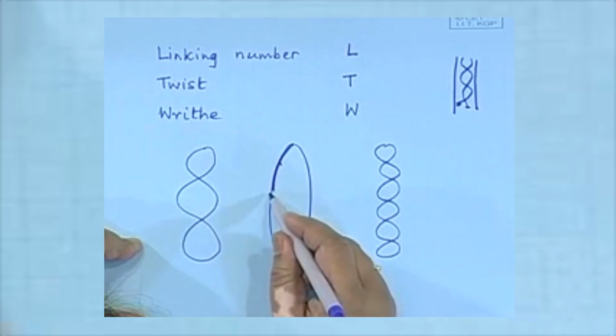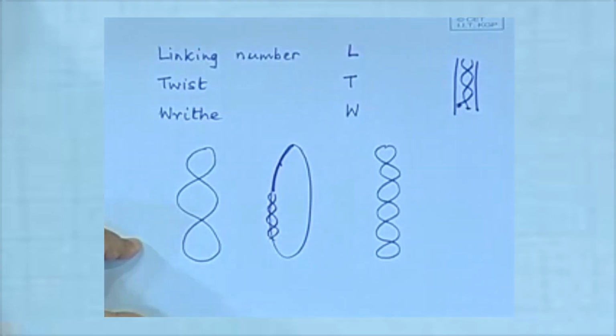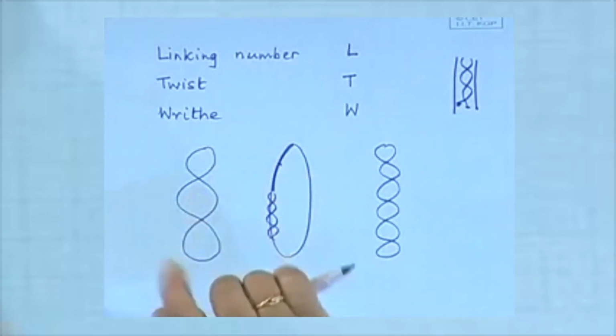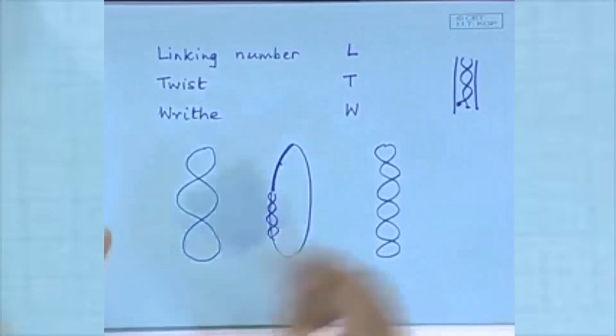So this is actually something like that, right, which you have joined together to form this circular DNA that has then further twisted itself. This is like a wringing motion that you have when you're squeezing your clothes or something. So you would have a link, a twist, and a writhe.